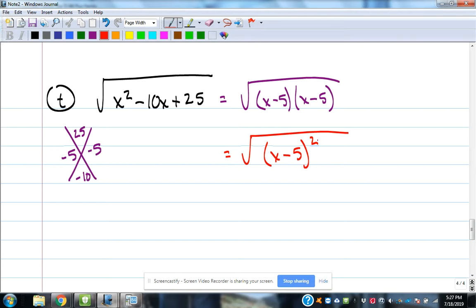And now we can work that out a little bit better because this is a square root, so the index is a 2. So it ends up being x minus 5 to the 2 over 2, which simplifies to be x minus 5 to the first power. And technically, it should have what on it?